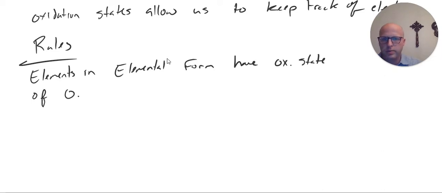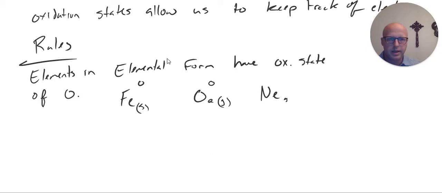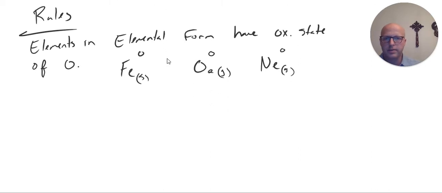This is always true. So if I have something like iron, elemental iron, solid, oxidation state 0. Elemental oxygen, O2, gas, oxidation state 0. Neon, gas, elemental state, oxidation state 0. Any element, sorry, not compound, any element in its elemental form always has an oxidation state of 0.